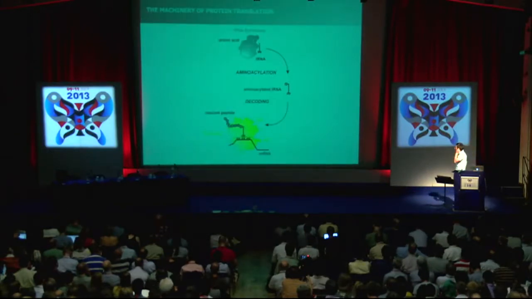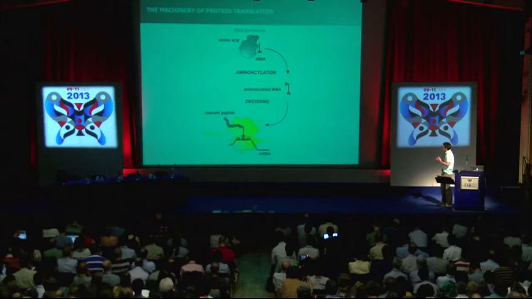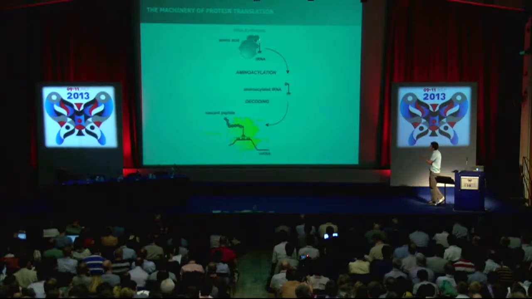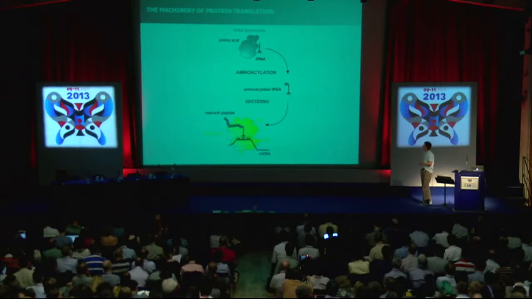So the first thing we need to look at is, I've told you that what we want to do is to reprogram how information is read in the nucleic acids and used to make polypeptides. And this really comes down to the process of translation, which is shown schematically here. You have amino acids, and these amino acids are recognized by enzymes in the cell, aminoacyl-tRNA synthetases.